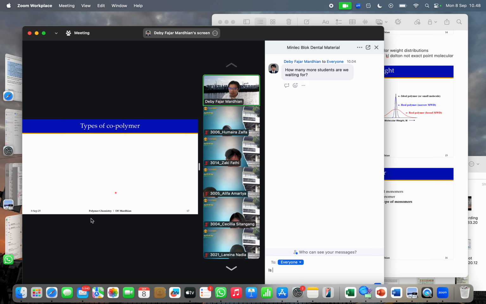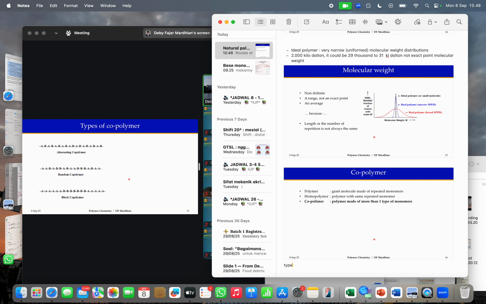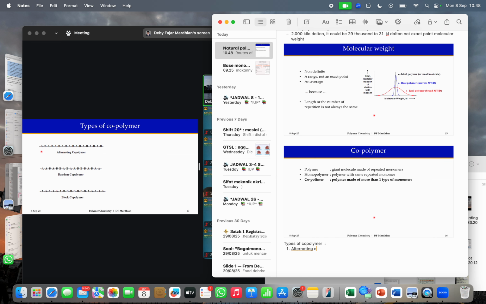And when we talk about the copolymer, there are some different kinds of copolymers. The very simple one is alternating copolymer. So we have monomer A, monomer B, A, B, A, B, A, B, and so on. It's alternating copolymer.